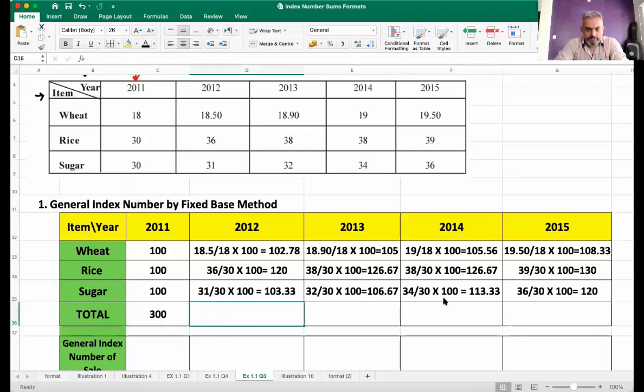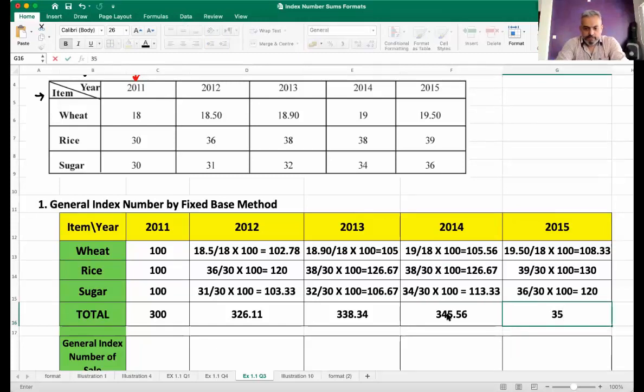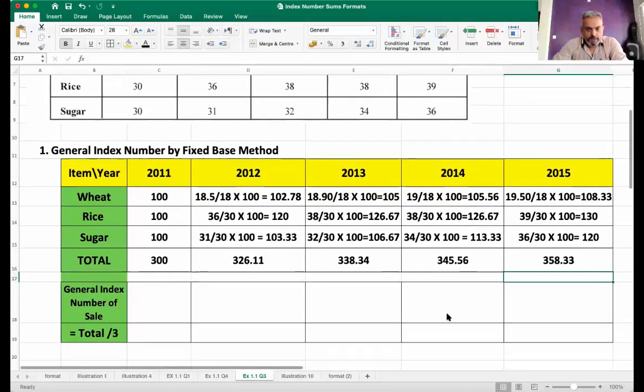So over here 300, 102.78 plus 120 plus 103.33, 326.11, 105 plus 126.67 plus 106.67, 338.34, 105.56 plus 126.67 plus 113.33, 345.56, 108.33 plus 130 plus 120, 358.33. So now we have the total of all.